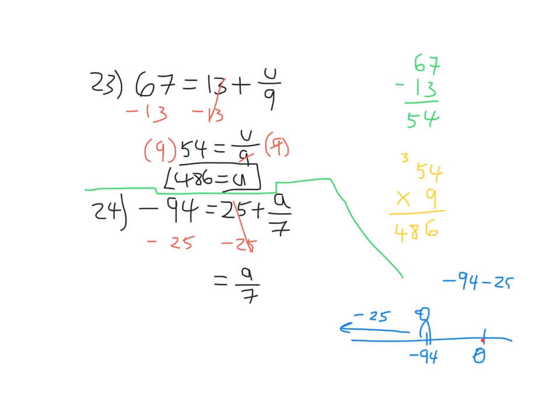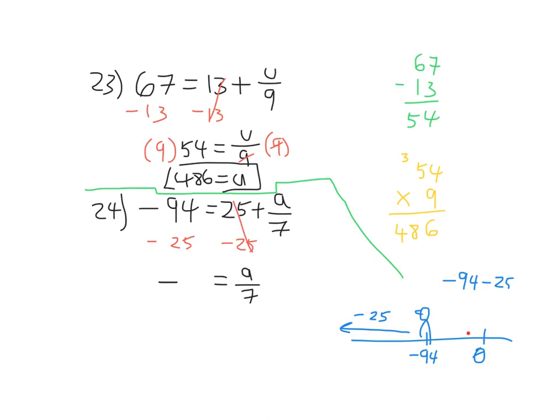So it's 94 in the negative direction plus another 25 in the negative direction. So it's definitely going to be further negative down the number line. When we're analyzing negative 94 minus 25, it's definitely going to be negative, right? But then, what's the number? It's 94 plus 25 in that direction.